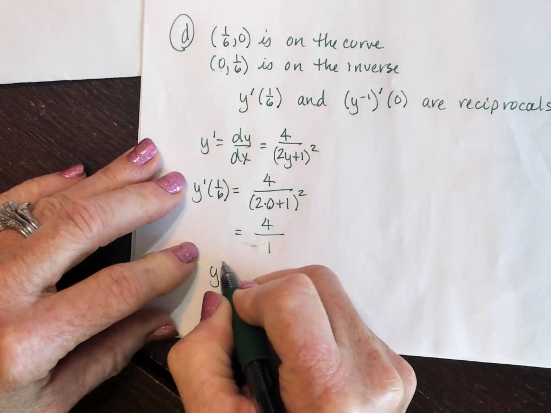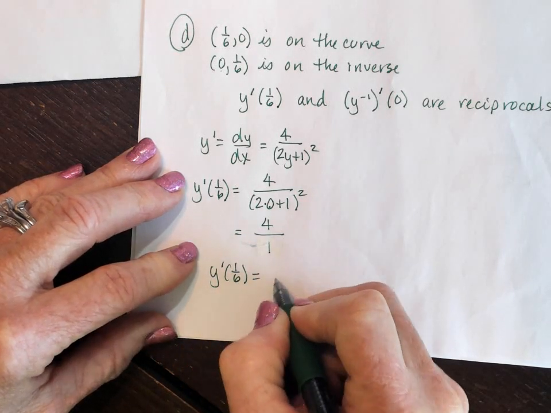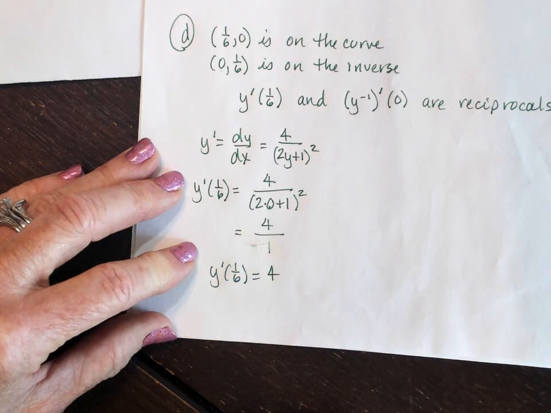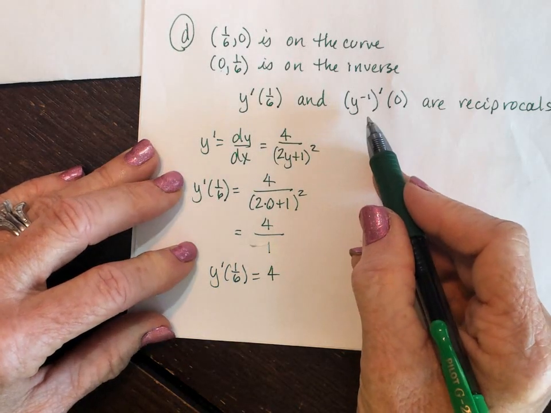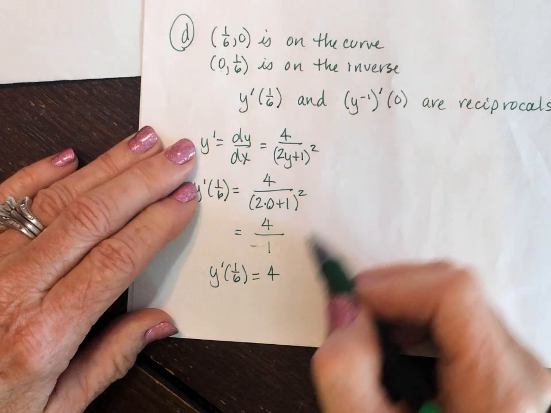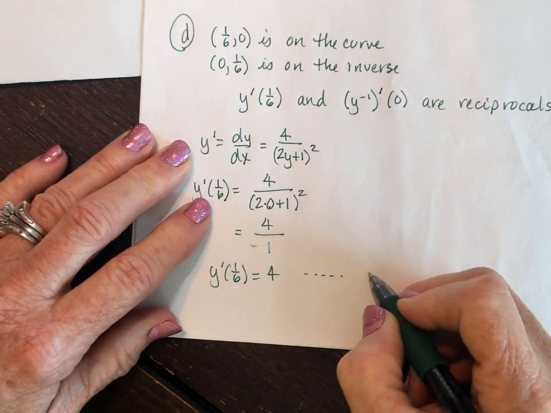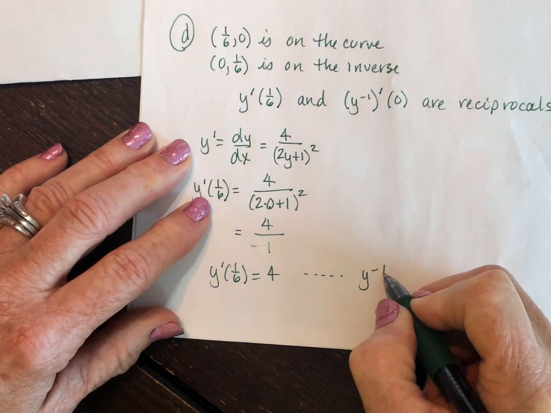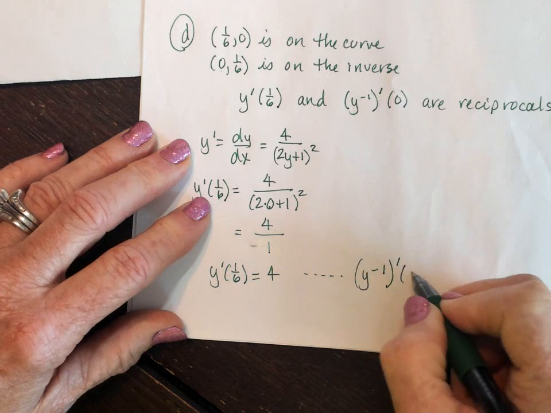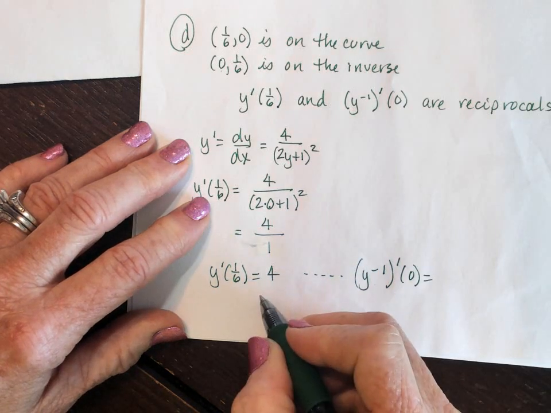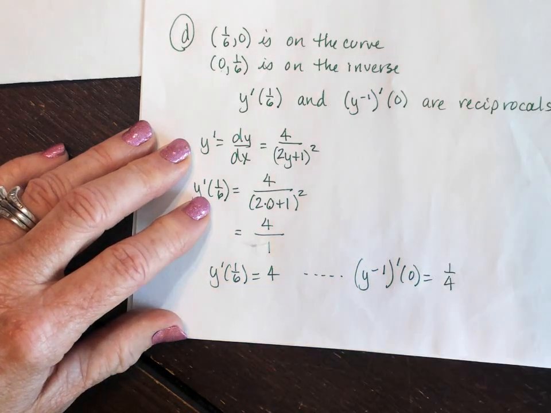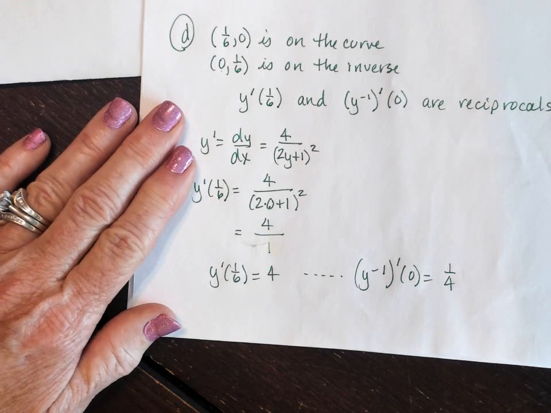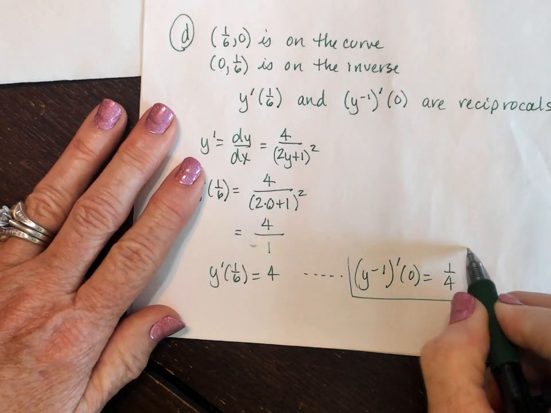So y prime at 1/6 is 4. Because these are reciprocals of each other, y inverse prime at 0 is the reciprocal of that, or 1/4. That's it.